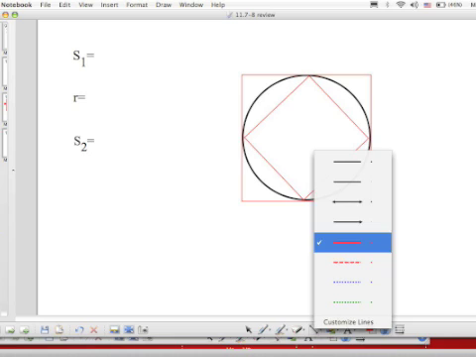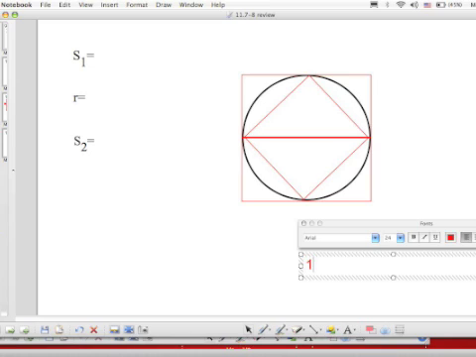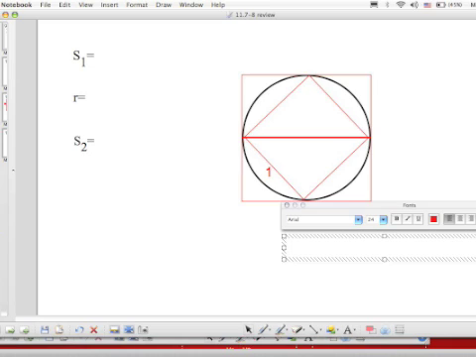Well, since the square is inscribed in the circle, then we know that when we draw this diagonal from one corner to the other of the square, since this is a 90-degree angle right here, then it creates a 45, 45, 90, in which the side of the square, which we don't have a number for, so we will simply assign a side length of 1. The hypotenuse is equal to the leg multiplied by the square root of 2.